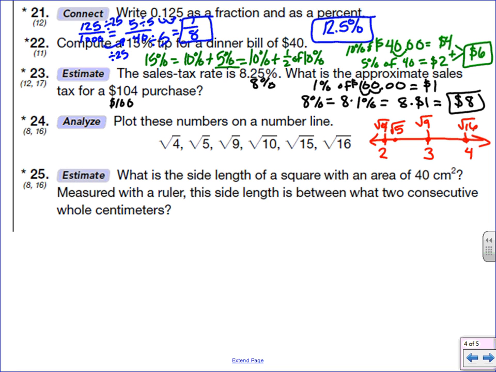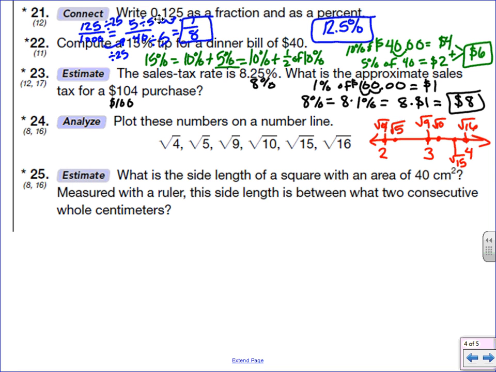Square root of 10 is going to be closer to 3 than 4, because it's closer to 9 than 16. And then square root of 15 is going to be closer to 4 than 3 because it's closer to 16.